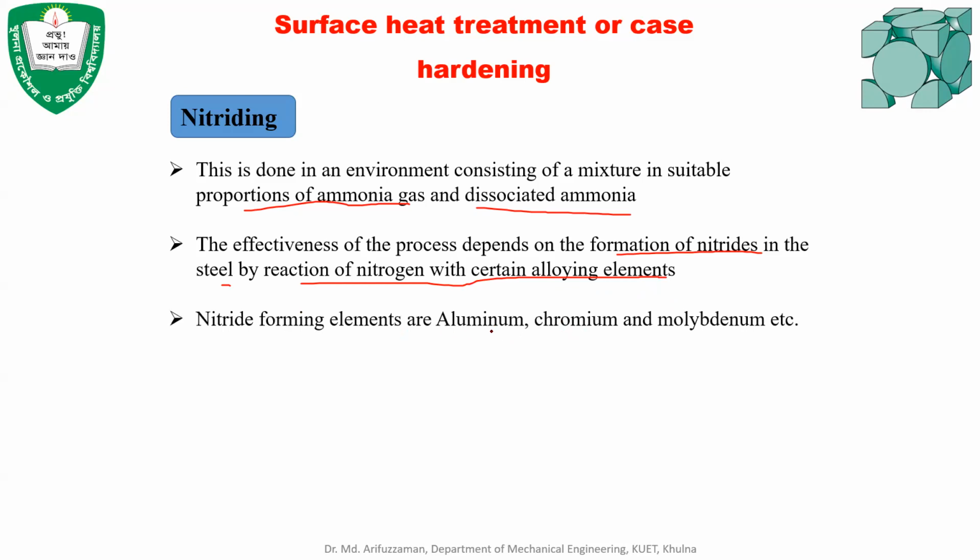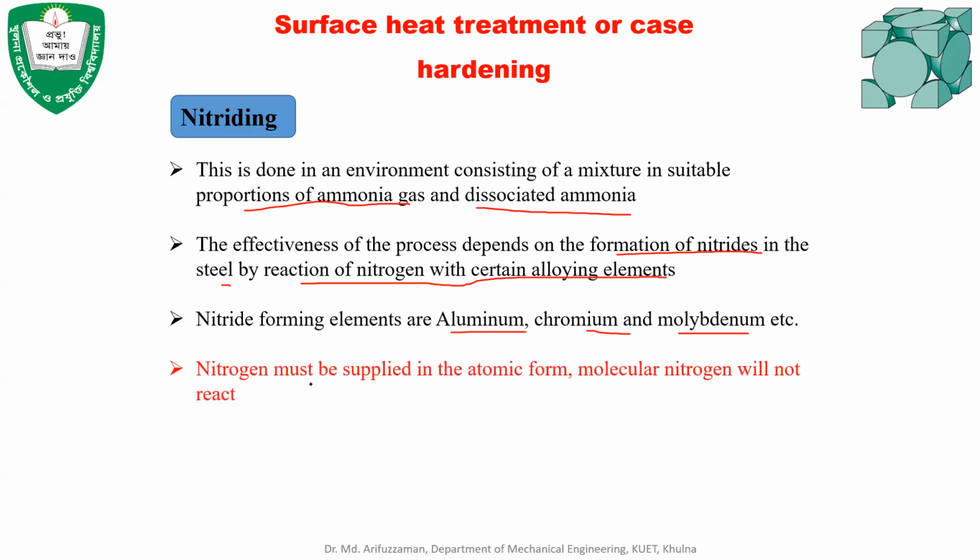So these are the elements that actually form nitride: aluminum, chromium, and molybdenum, etc. And nitrogen must be supplied in the atomic form. That means, in the case of dissociated ammonia, nitrogen must be in the atomic form. Okay, that means nitrogen must be dissociated properly from ammonia gas and dissociated ammonia. Then that nitrogen can react with the nitride forming elements to form the hard structure on the surface.